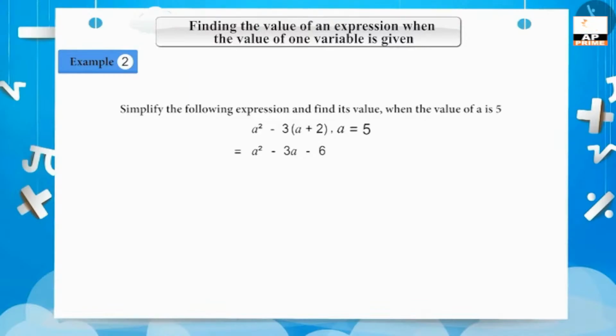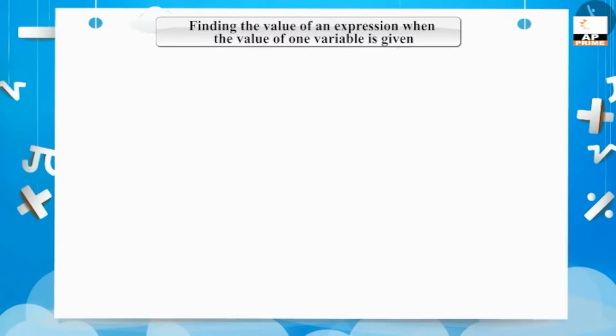Substituting a equal to 5 in this expression, we get 5 square minus 3 multiplied by 5 minus 6, which is equal to 25 minus 15 minus 6, which is equal to 25 minus 21, which is equal to 4. The solution to this is 4.